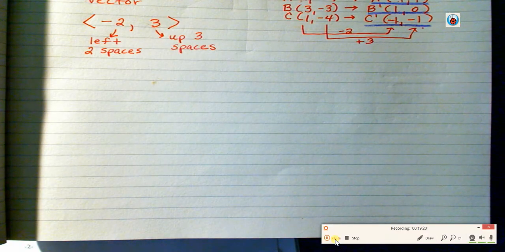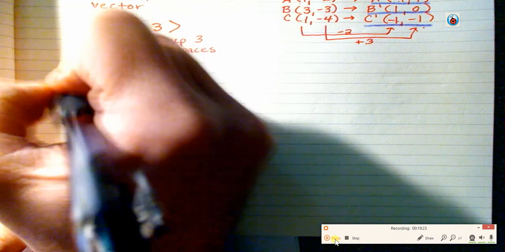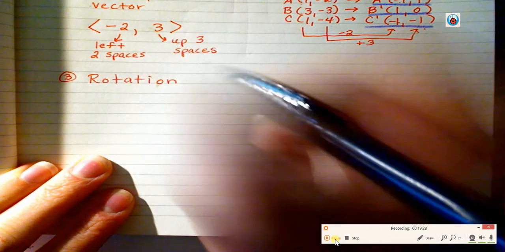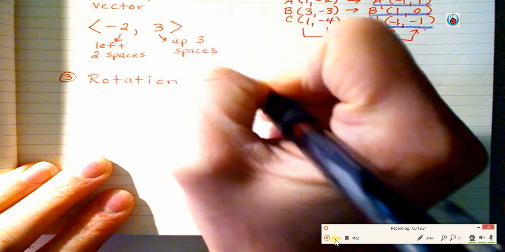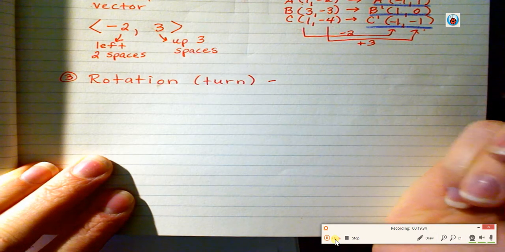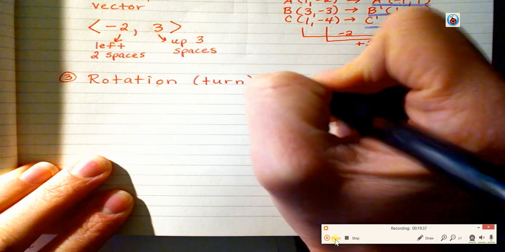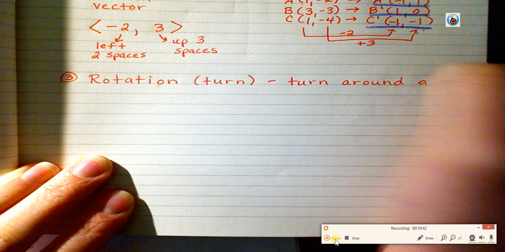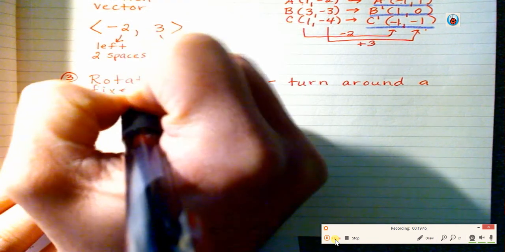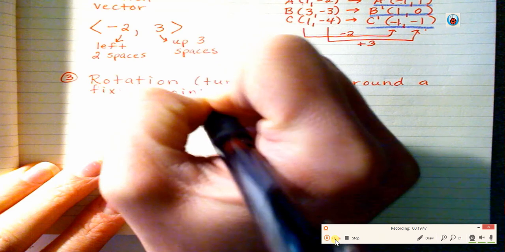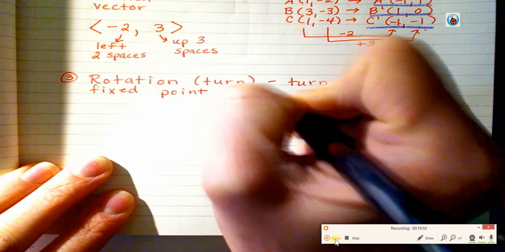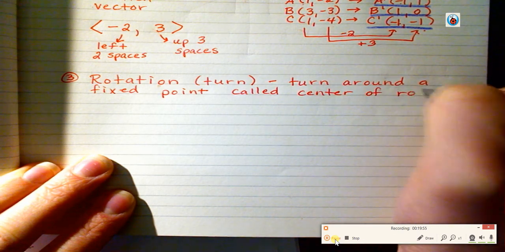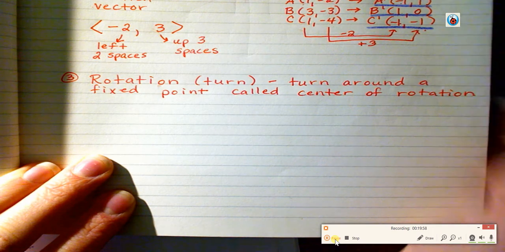All right, the third type of transformation we're going to look at is called a rotation, or turn. Rotation is when you turn around a fixed point called the center of rotation.